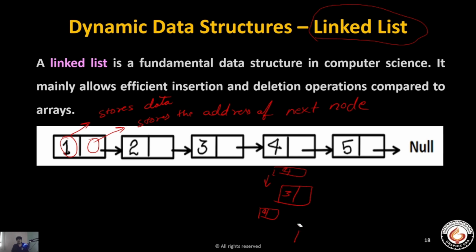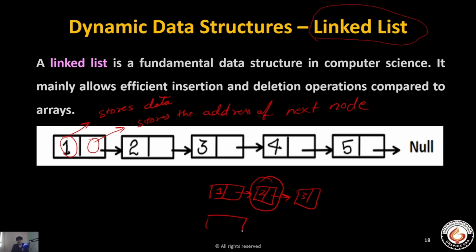For deletion, if we have a linked list where 1 is pointing to 2, pointing to 3, and we want to delete the second node, what we will do is store the address of the third node in node 1, not the second node, and it will get disconnected from 2 and connect to the third node.